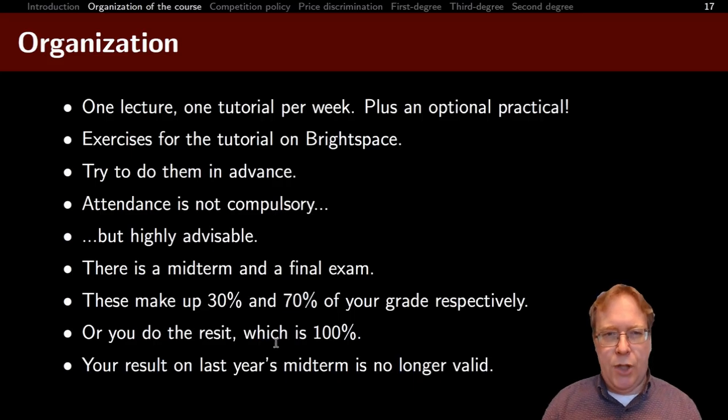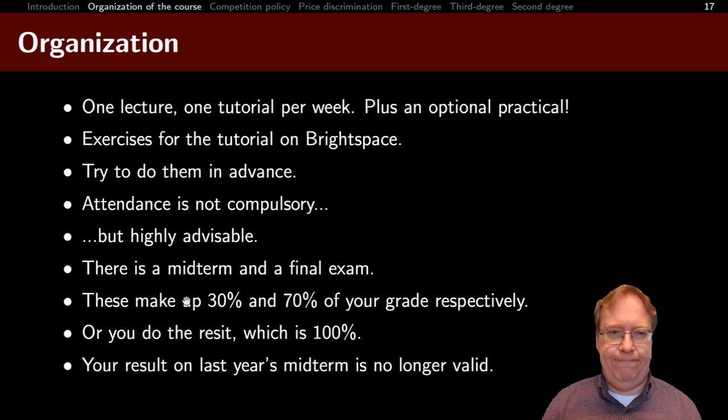That also implies, by the way, that both the midterm and the resit take 2 hours, but the final exam, you have to do all material, so that will take 3 hours.